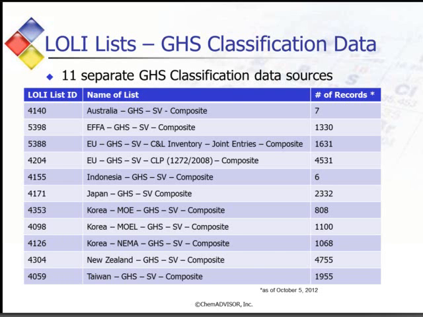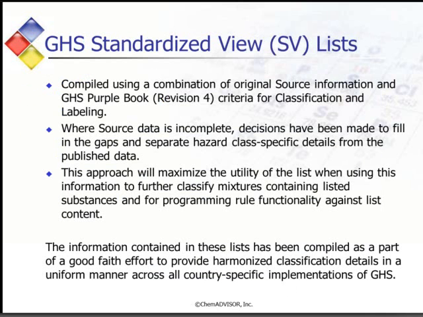The LOLI regulatory database includes source lists presenting the information as published by the regulatory source, as well as a standardized view. And the standardized view is compiled using a combination of the original source information and the GHS Purple Book Revision 4 criteria for classification and labeling, or the most current version of the GHS Purple Book.